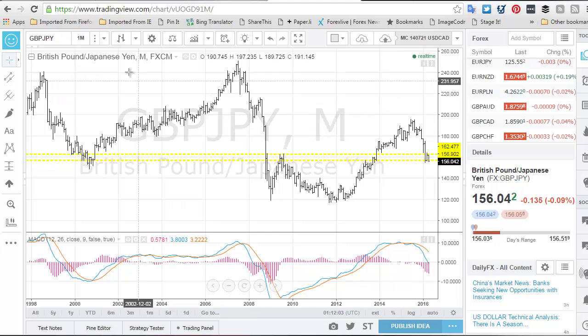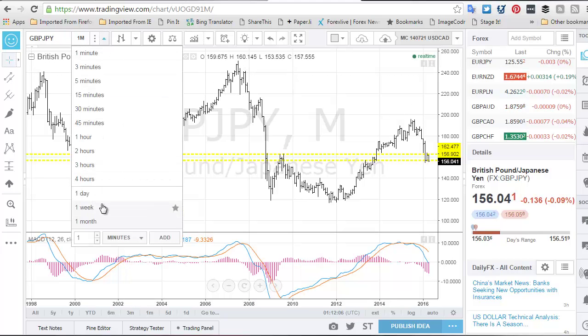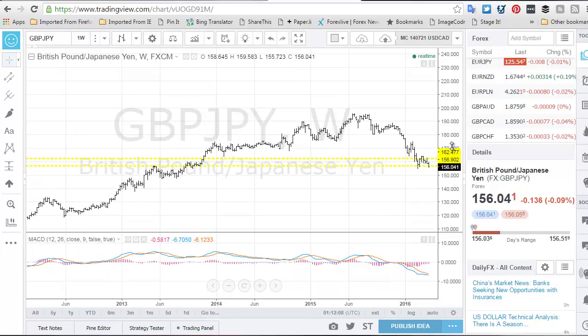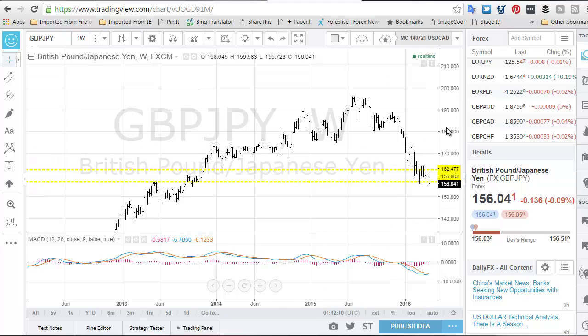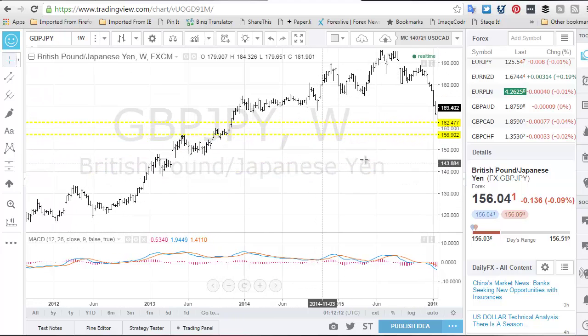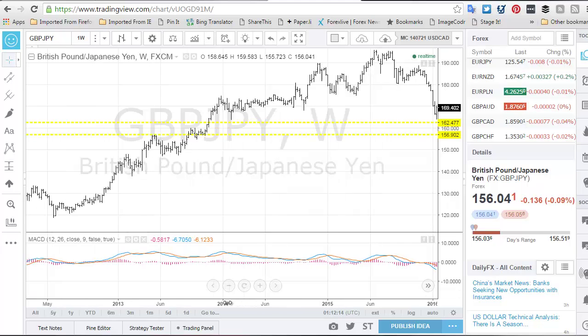So if we go back to the weekly, and see if there are any trends or patterns, any levels that I need to concern myself with on the weekly.